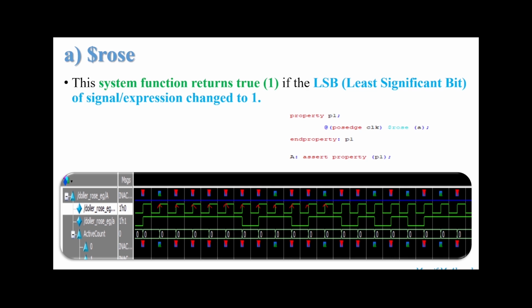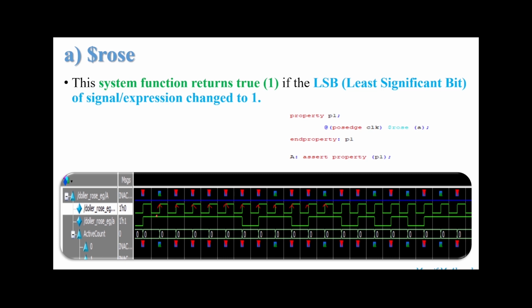So let's consider this passage of the clock, because we are writing $rows of A at every passage of the clock. At this passage of the clock, you will find the value of A is 1 over here, right? Because the values in a concurrent assertion are sampled in the preponed region, meaning just before the passage of the clock.